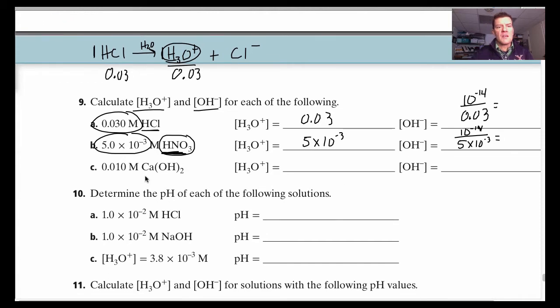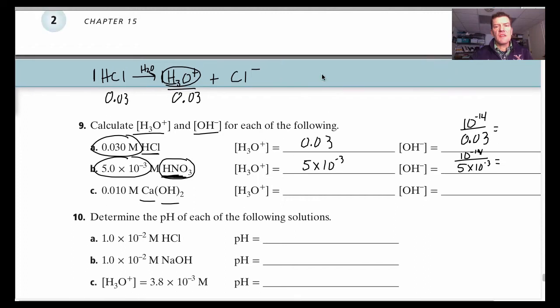Okay? Here's calcium hydroxide. This is a strong base, if you just look at the list. Now in this case, let's make sure we get this right. This is going to dissociate into ions. You see how I put a 2 here? I had to balance it.